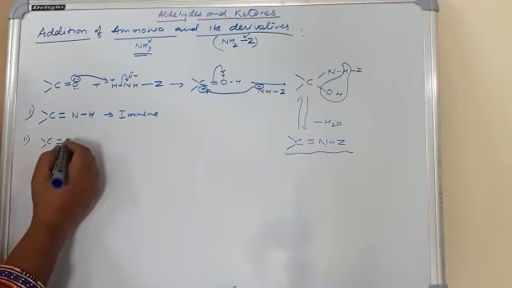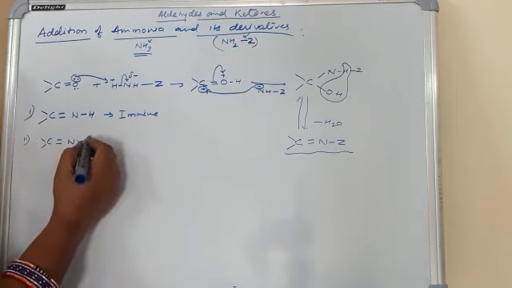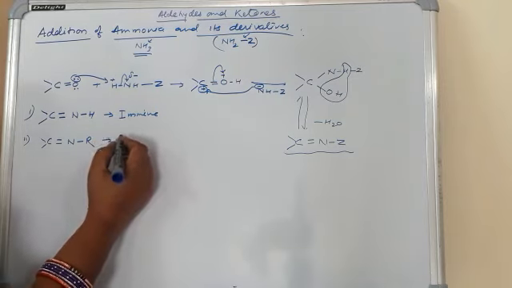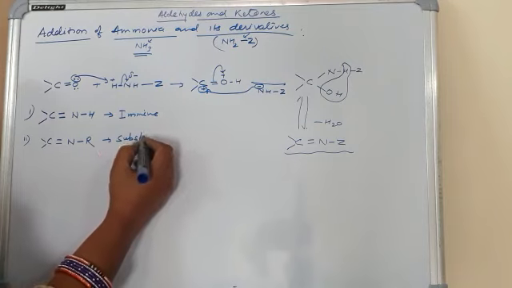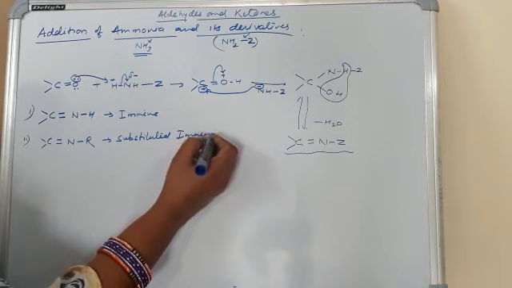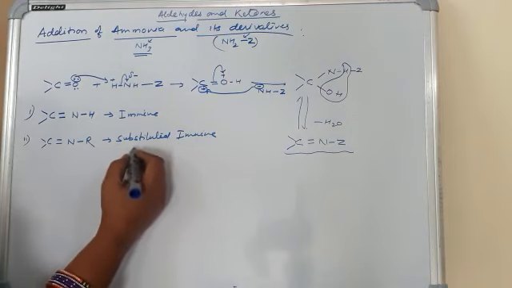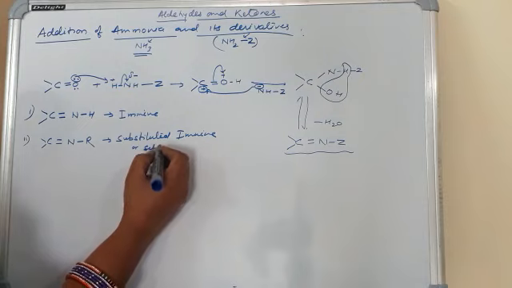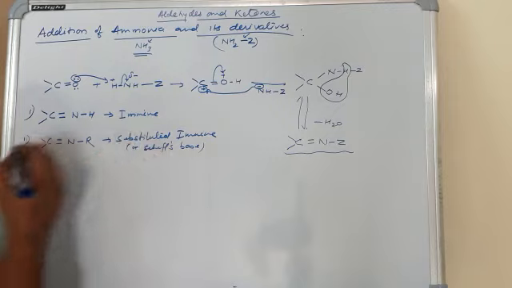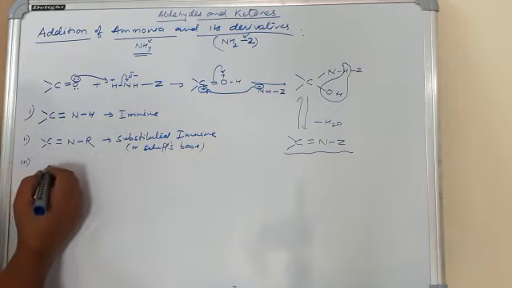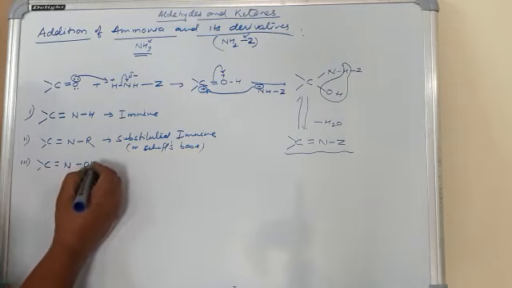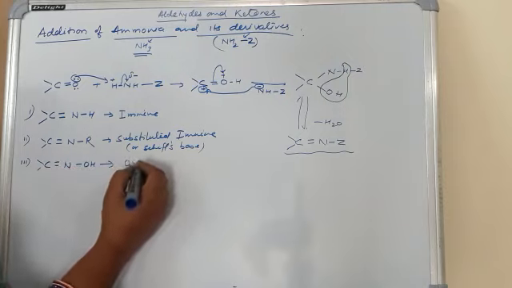If hydrogen is replaced by any alkyl group, it is known as substituted imine, or it is also known as Schiff base. Number three, if nitrogen is attached with an OH group, it is known as oxime.